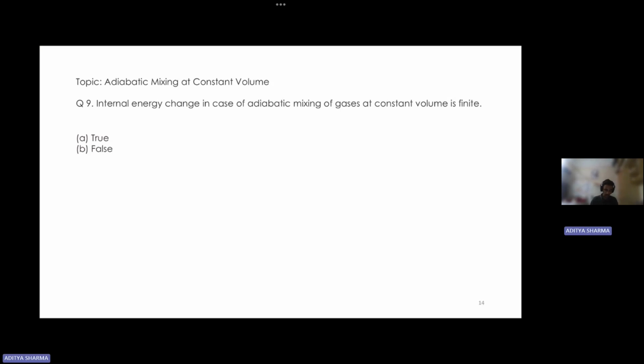So if it says that the change is finite, in that case this becomes a false statement. Again, it says that it is finite, but it has to be 0.